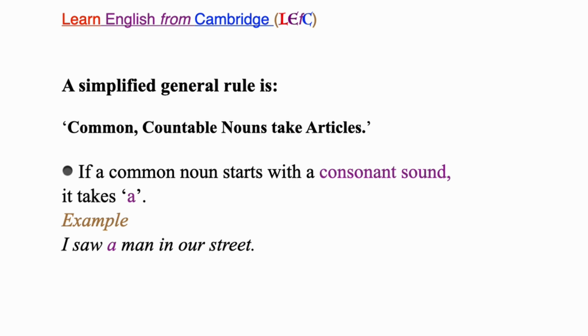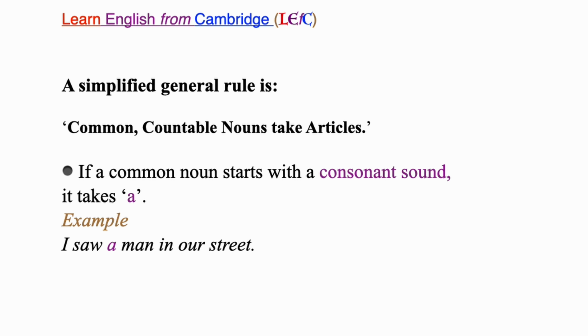A general simplified rule is: common countable nouns take articles. If a common noun starts with a consonant sound, it takes a. I saw a man in our street. She bought a book. They used a laptop.